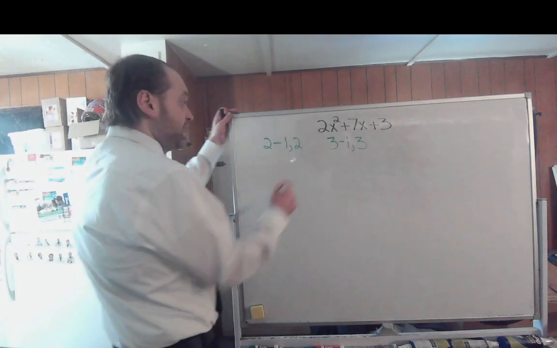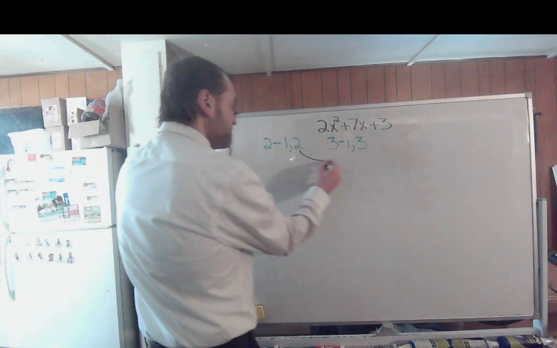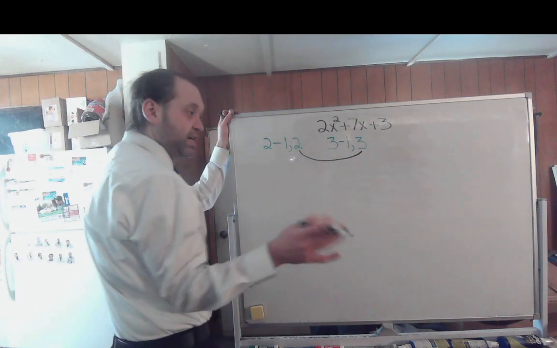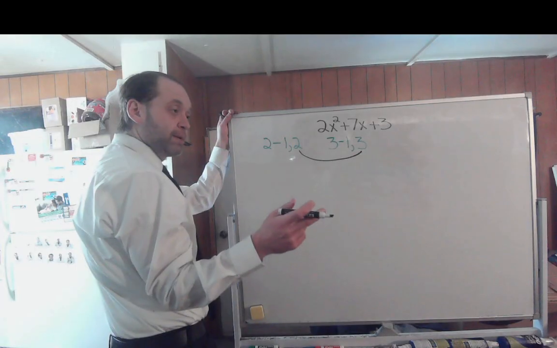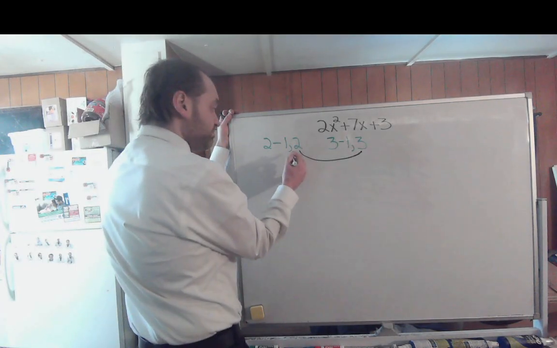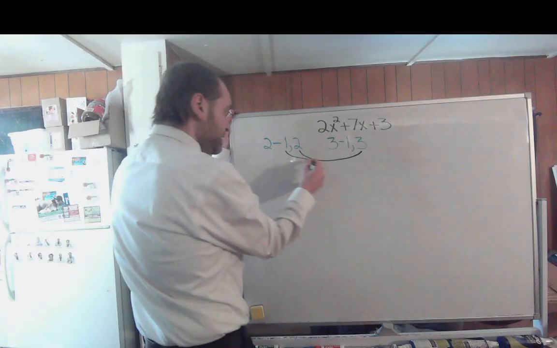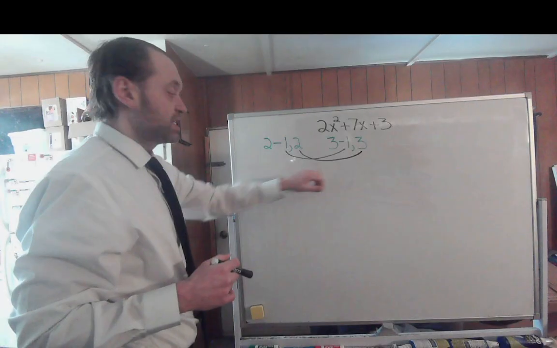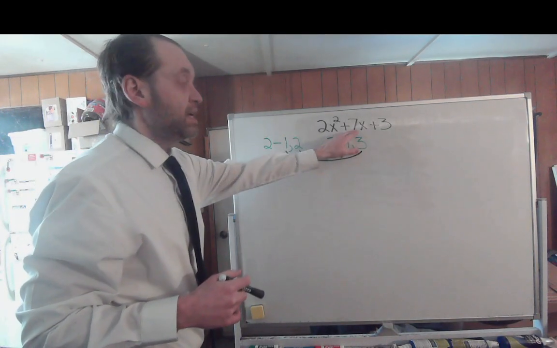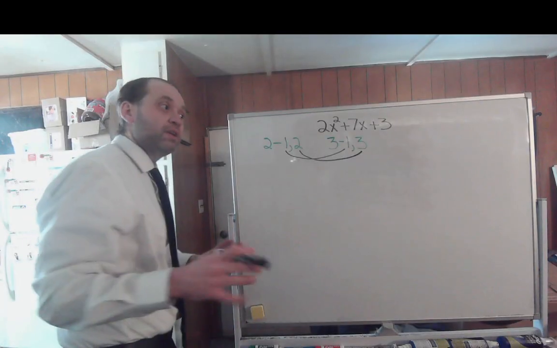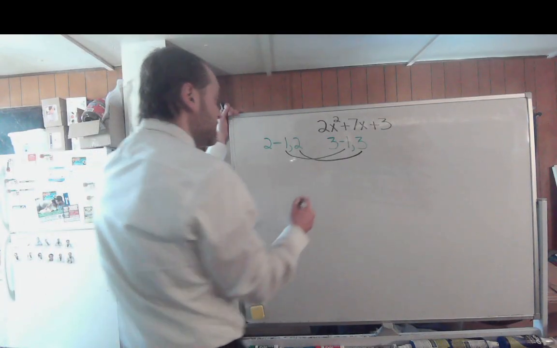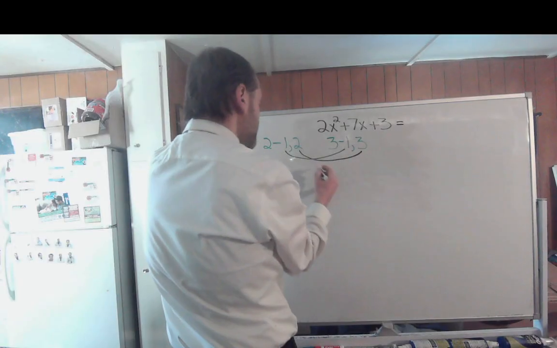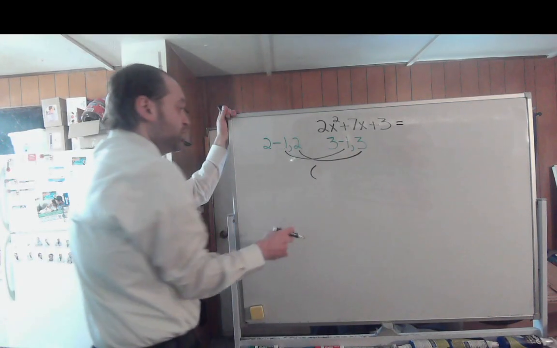What if I multiplied 2 times 3, which would give me 6, right? And then if I take 1 times 1, that gives me 1. Well, if I add the 2 times 3, which is 6, plus 1 times 1, I'll end up getting that middle coefficient of 7.